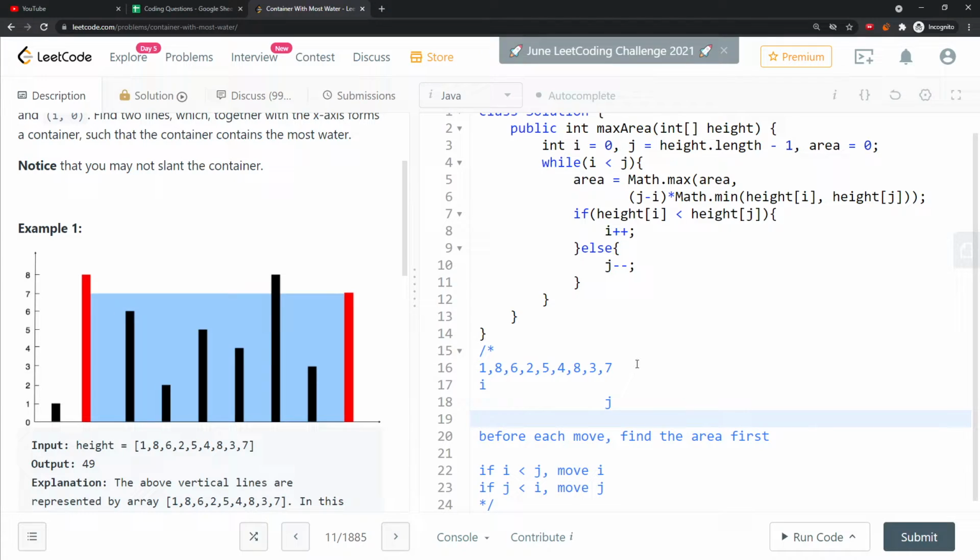The base is j minus i, or you can use the absolute value, it doesn't matter. And the height is the minimum between height i and height j. So that is how you calculate the area.